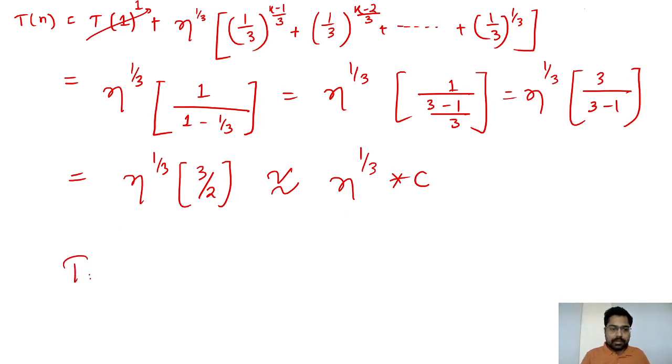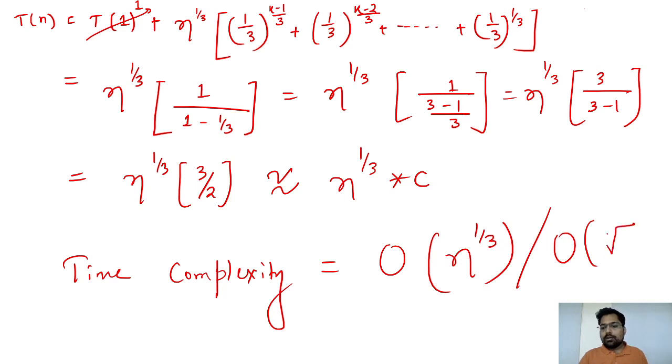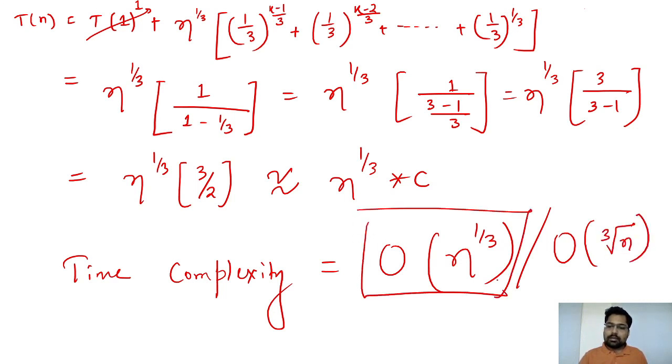So the time complexity is big O of n to the power 1 by 3. This is also correct. Or big O of cube root of n. This is also correct. Not an issue.